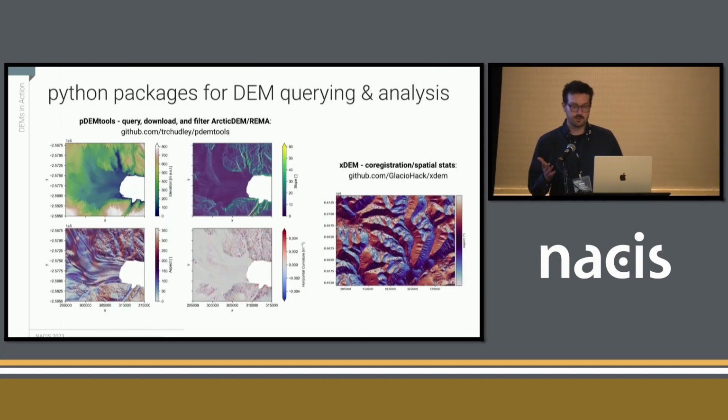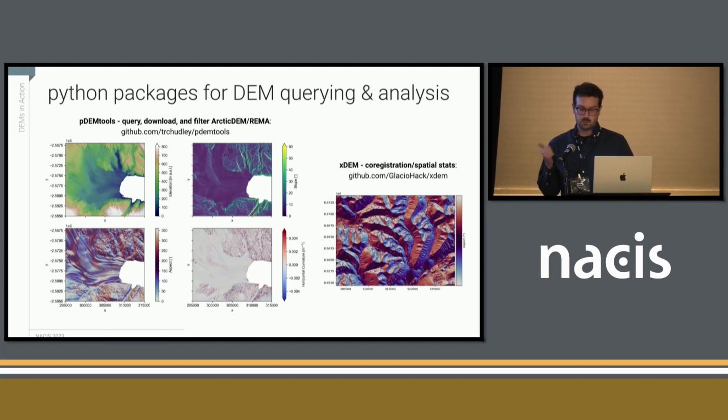Finally, for those who are interested in getting a bit more scientific with the data, there are a number of Python libraries available for querying the PGC DEM catalogs and performing some critical processing steps like co-registration for scientific analysis. These are specifically used more so with the strip datasets. pDEM tools was developed by Tom Chudley, a glaciologist and PGC collaborator, who's used ArcticDEM to detect crevasses across Greenland.